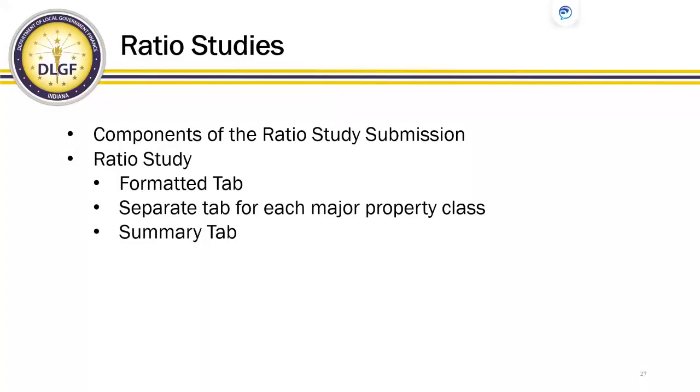I want to start off, before we talk about the components of the ratio study, by saying that all of the ratio studies are public record, public information, and we have them on our website in order to be as transparent as possible. We have all of the ratio studies submitted by the counties, the narrative, and the approval letters. So this is used by a variety of people.